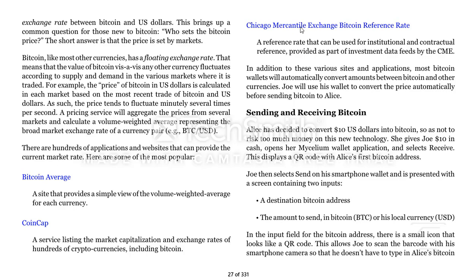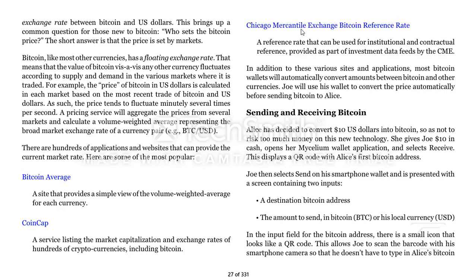Chicago Mercantile Exchange Bitcoin Reference Rate, a reference rate that can be used for institutional and contractual reference, provided as part of investment data feeds by the CME. In addition to these various sites and applications, most Bitcoin wallets will automatically convert amounts between Bitcoin and other currencies. Joe will use his wallet to convert the price automatically before sending Bitcoin to Alice.